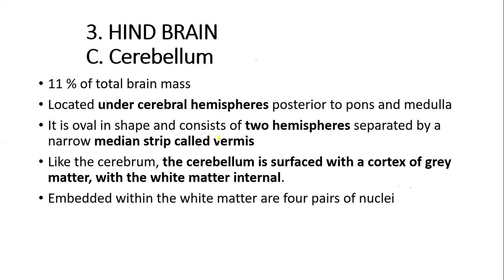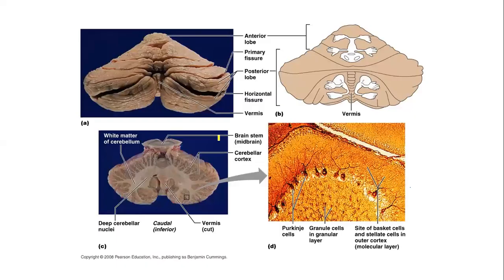Like the cerebrum, the cerebellum is surfaced with a cortex of gray matter with white matter internal. Embedded within the white matter are four parts of nuclei. So that is the structure of the cerebellum. You can see the anterior, the upper part, then the primary fissure, then the posterior lobe, the back part, then the horizontal fissure, then the vallecula.